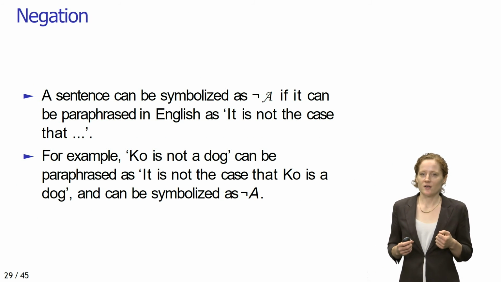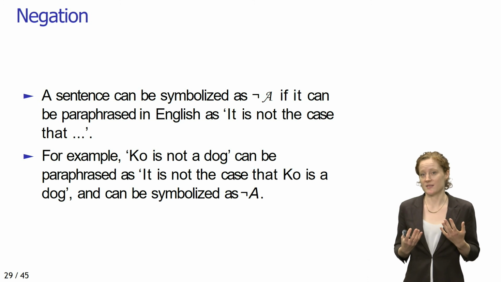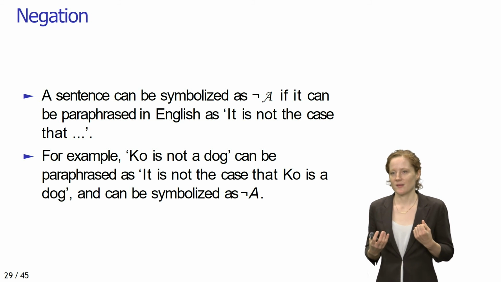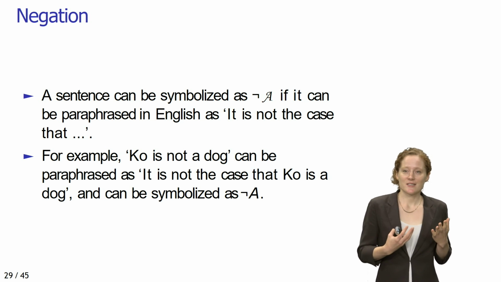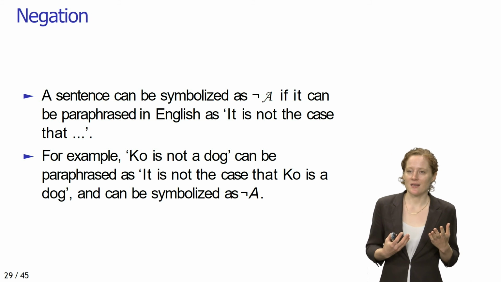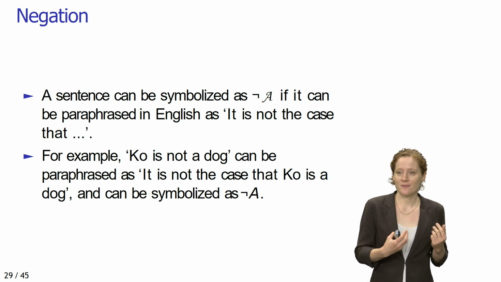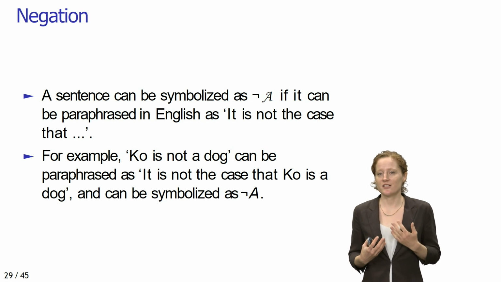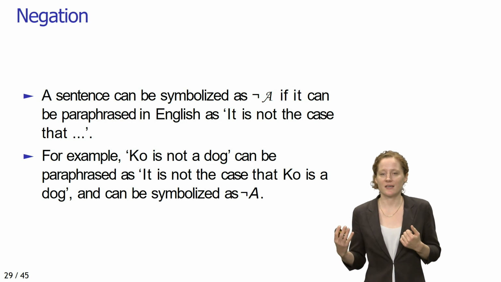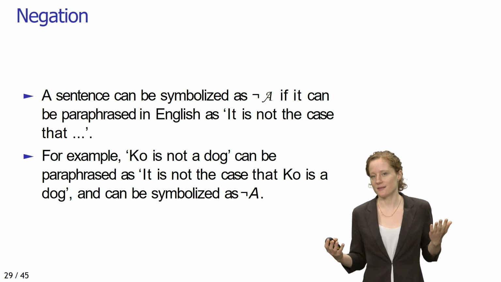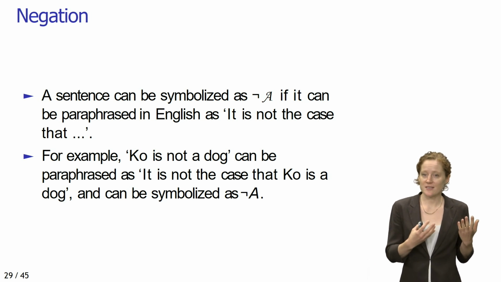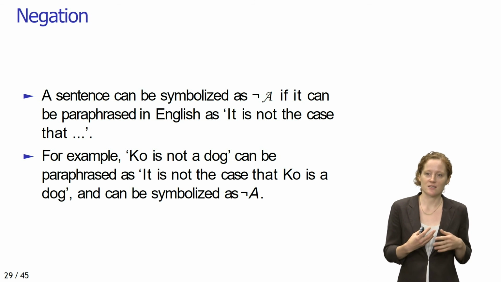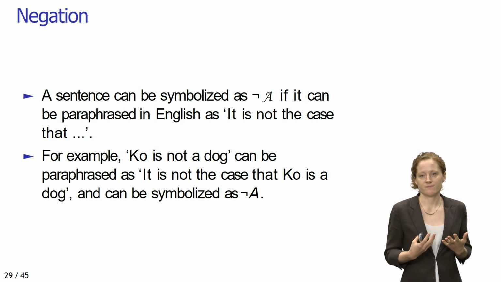So let's talk about the symbolization of specific sentences. An English sentence can be symbolized as not A if and only if it can be paraphrased in English as "it is not the case that blank." So for example, consider the English sentence, "Co is not a dog."